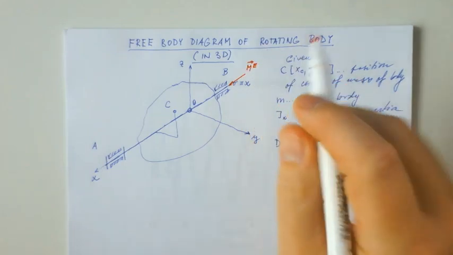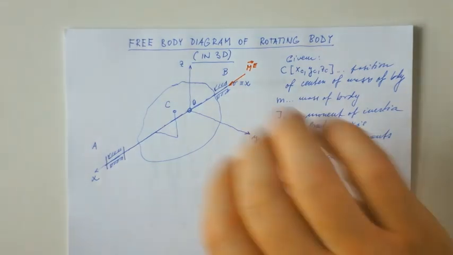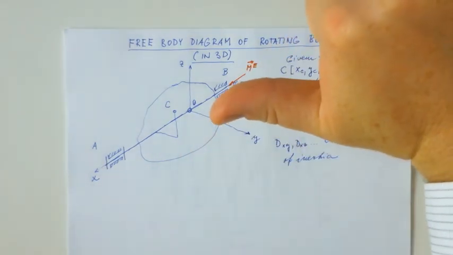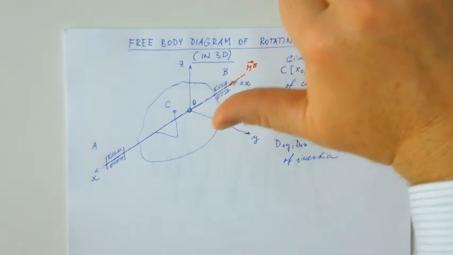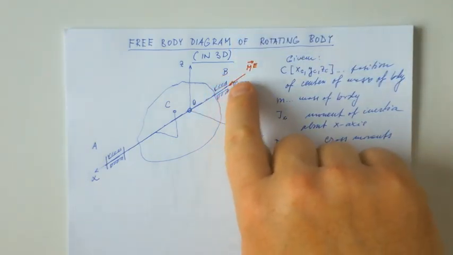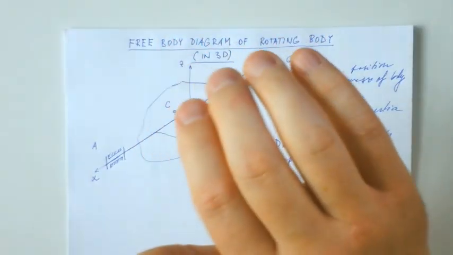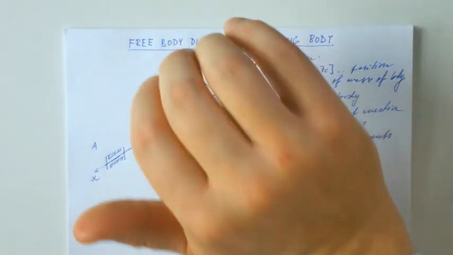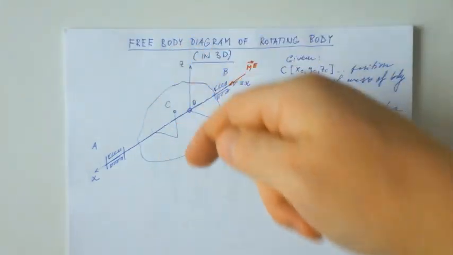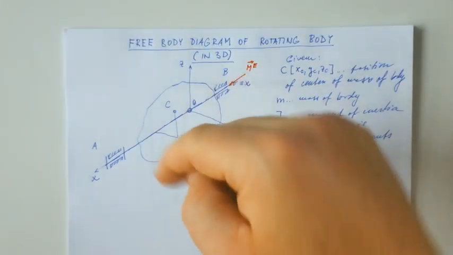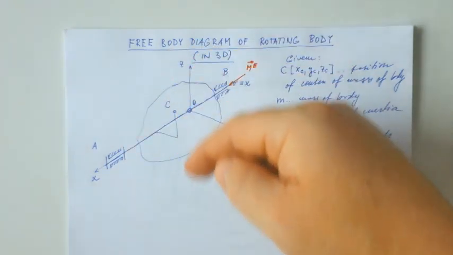Using the right hand rule, I have my thumb oriented in the same direction as the vector of moment, and my fingers denote the direction of rotation. So this body is accelerated by this moment in this direction of rotation.